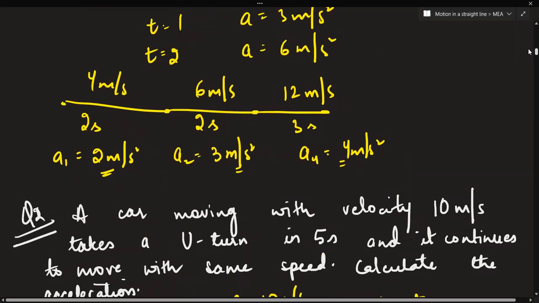Class, calculate this. A car moving with velocity 10 meter per second takes a U-turn in 5 seconds, and it continues to move with the same speed. Calculate its acceleration. Note it down and try it.